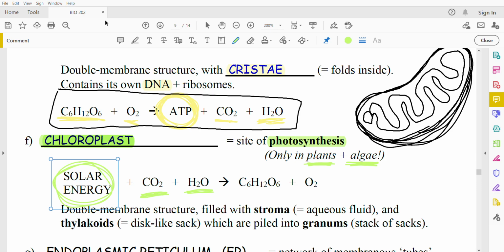So these three are all the things that your plants need. Your plant needs some sunlight, it needs some water, and it also needs some carbon dioxide.